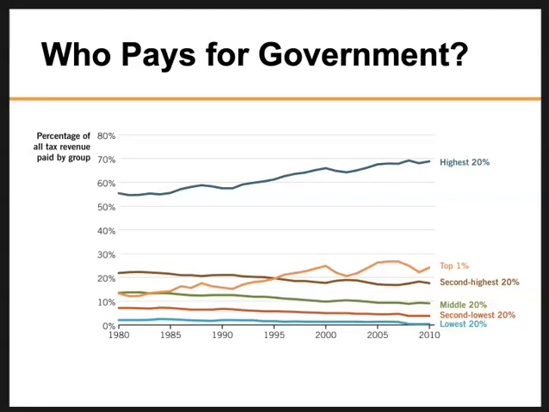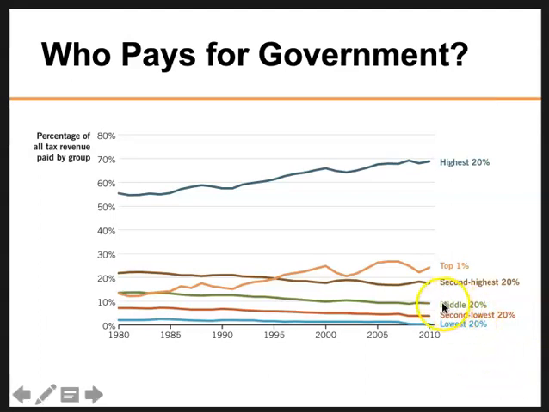As you can see here, the middle income group in the United States now pays less than 10% of all taxes paid. This is a statistic from year 2010, but it's very similar even up to now, 2019, 2020.